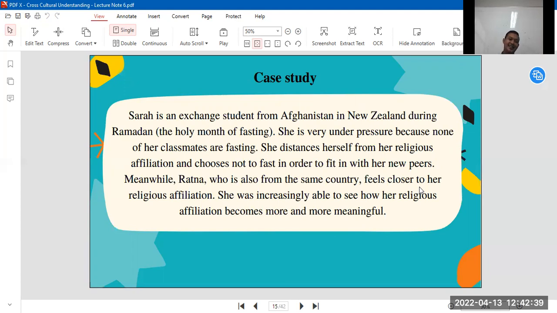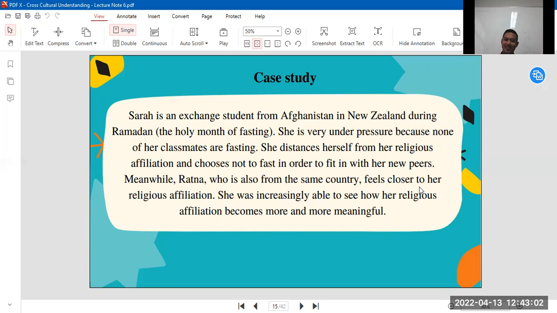Meanwhile, Ratna, who is also from the same country, feels closer to her religious affiliations. It's quite different from Sarah. She was increasingly able to see how her religious affiliations become more and more meaningful.